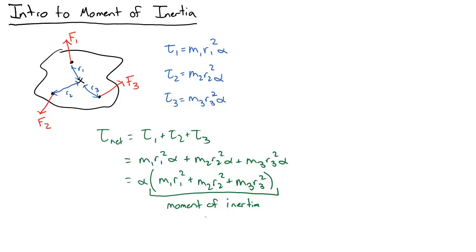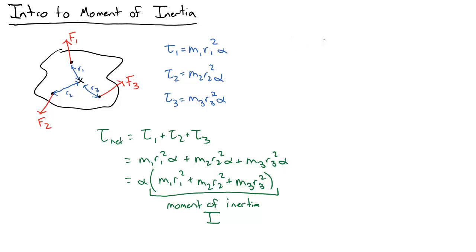And we're going to define that as the variable I. So typically what you're going to have given to you is the moment of inertia, and then you're just going to have to find the angular acceleration if you're given the torque as well, or if you're given the angular acceleration, you can find the torque. But that moment of inertia I is kind of like the mass. It's like the mass quantity of something that is undergoing rotation.